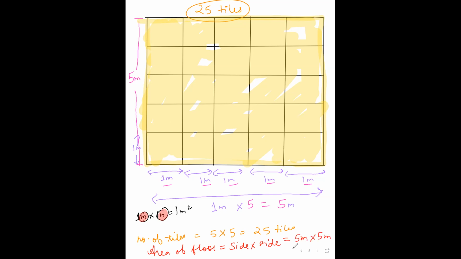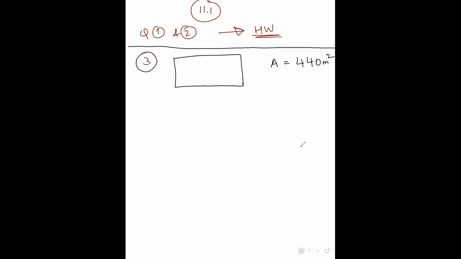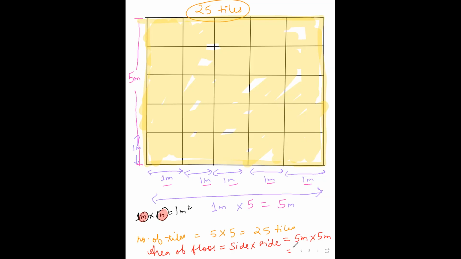So 5 into 5 becomes 25, not 25 square. Look carefully. 5 into 5 is 25. Meter into meter is meter square. 25 meter square. Very good. 25 meters square.